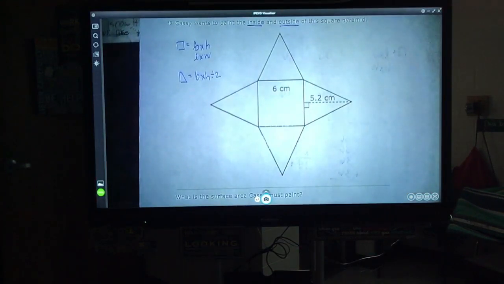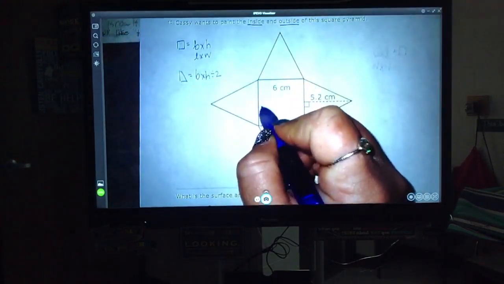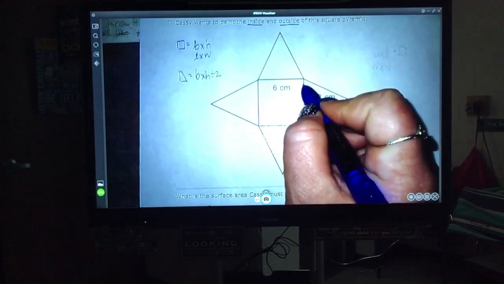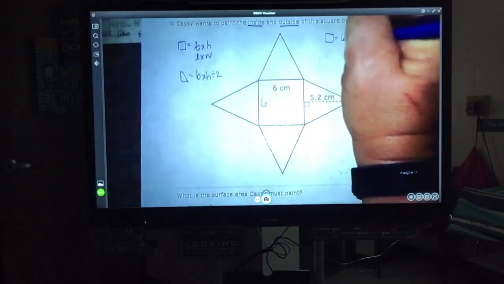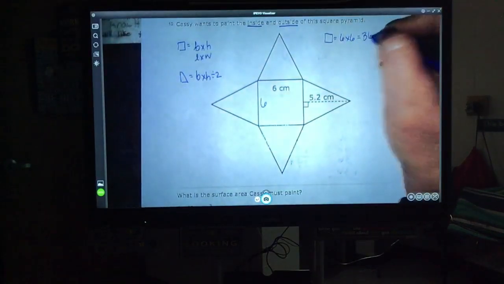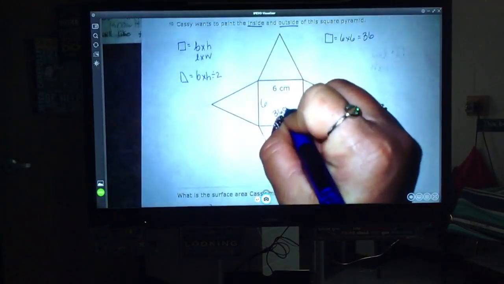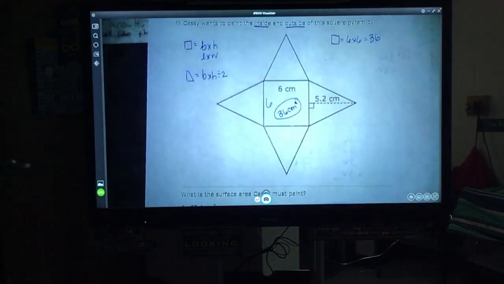Mila. Square? All right, so Mila, if this side is 6, what do I know about this side? And this side? And this side. So it's all 6. So for my square, I'm going to do 6 times 6, which gives me what? 36. So this is 36 centimeters squared. That is the area for my square.